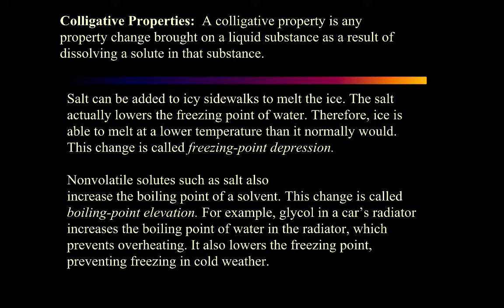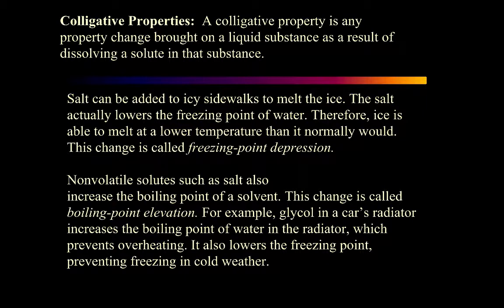All right. Another thing that we can talk about when we're talking about solutions is colligative properties. Colligative properties are any properties of a liquid substance that change as a result of dissolving something in it. An example of this is during the wintertime when we have a lot of ice on our sidewalks, we add salt. Why do we do that?